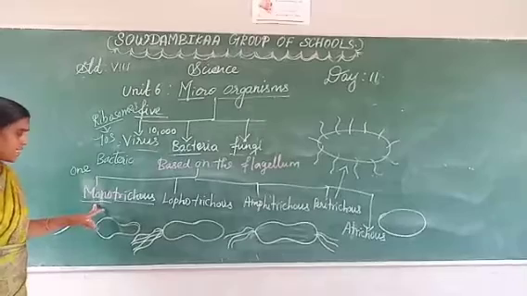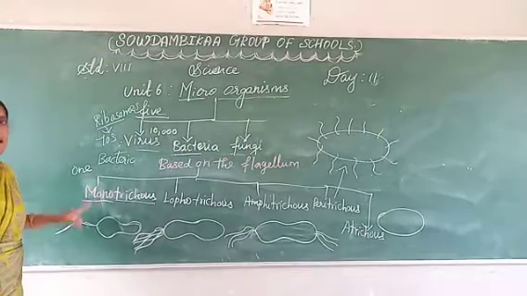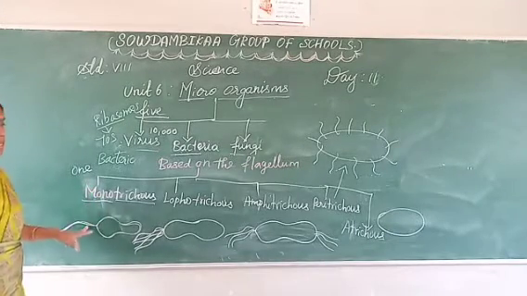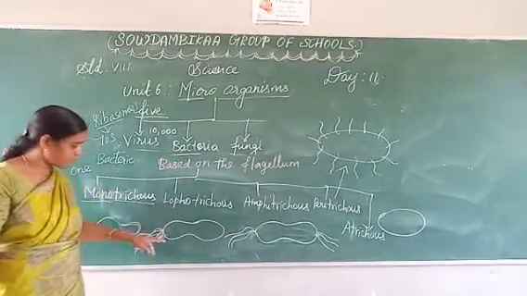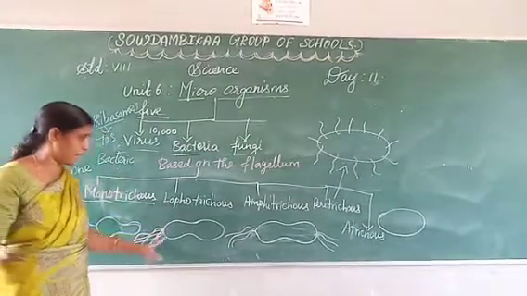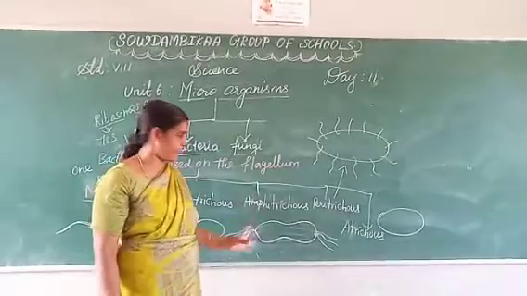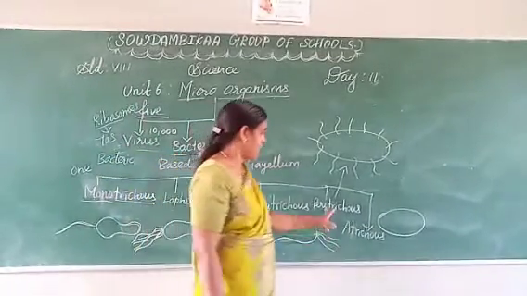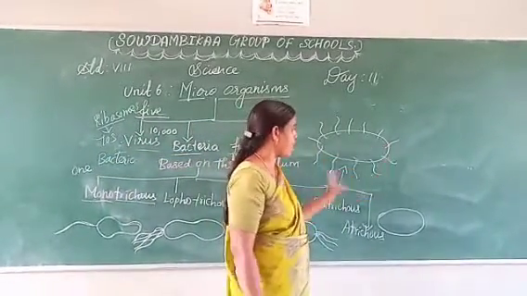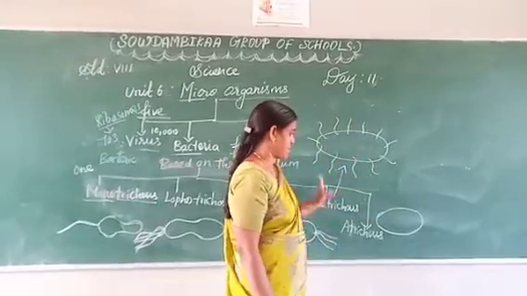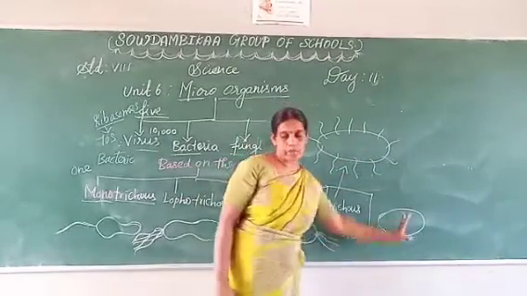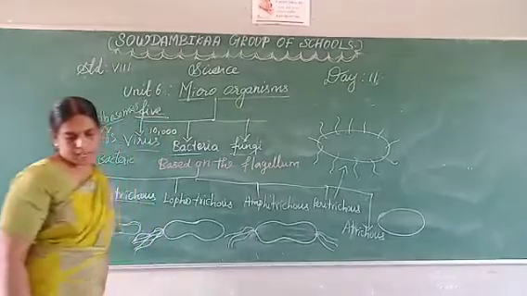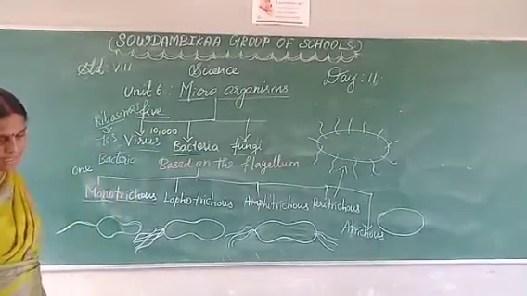Monotrichous means the flagella are at one end only. Lophotrichous, a tuft of flagella at one end. Amphitrichous means a tuft of flagella at both ends. Peritrichous means the flagella are all around the bacteria cells. Atrichous means without flagella. I am giving some examples.